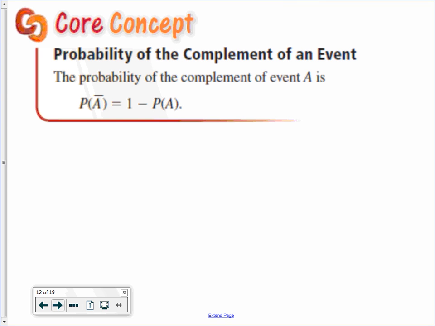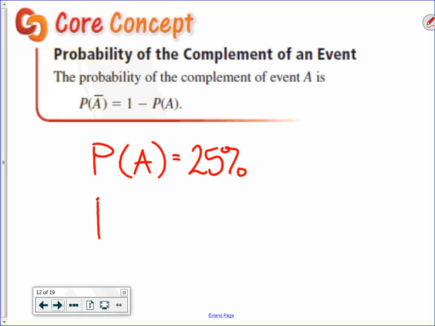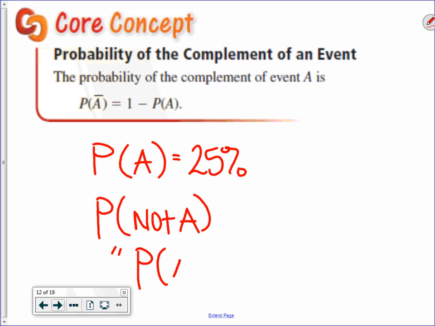Okay, so we have what's called the complement. So if the probability of something happening was 25% of the time, the complement of that is the probability of this not happening. So not A, that's the complement. Or in other words, they call it probability of the complement of A with a little bar above it.